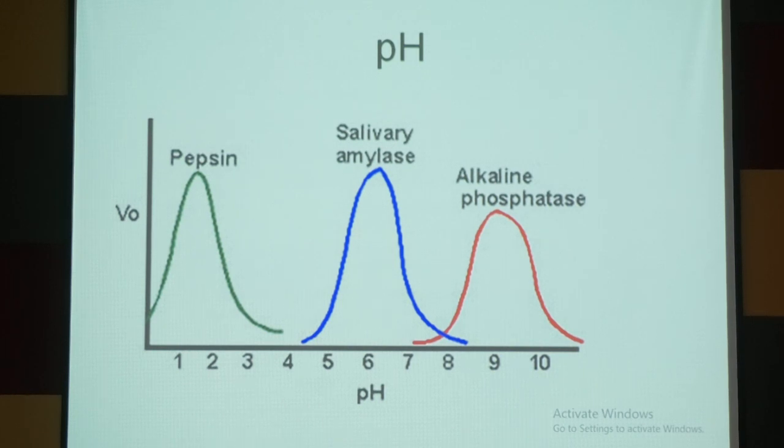Its function is to remove phosphate groups from organic phosphate compounds. So this will take place at higher pH. Why? Because beyond the second part of the duodenum, the atmosphere is alkaline.